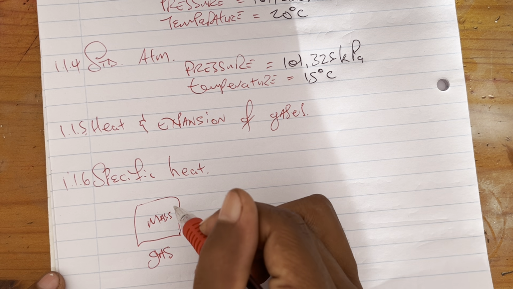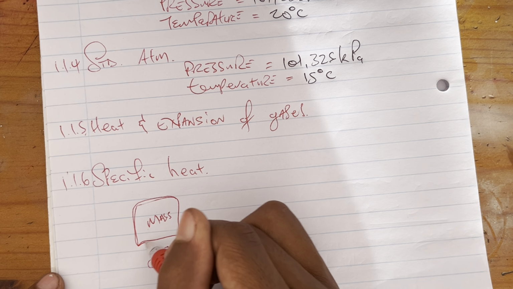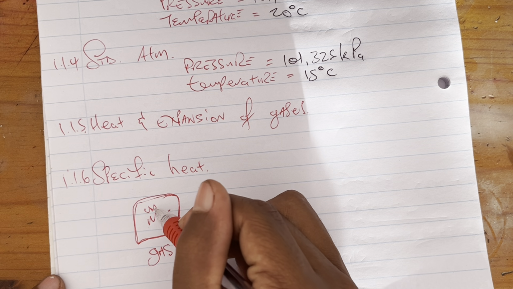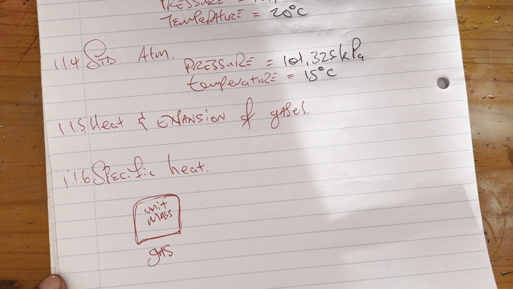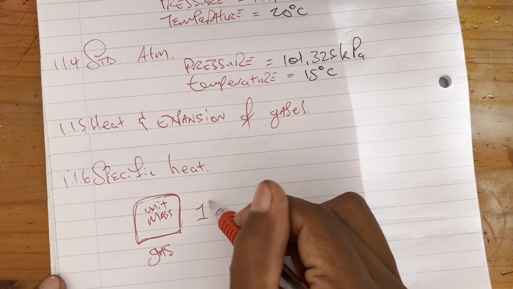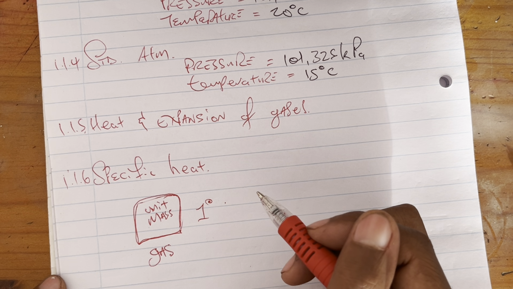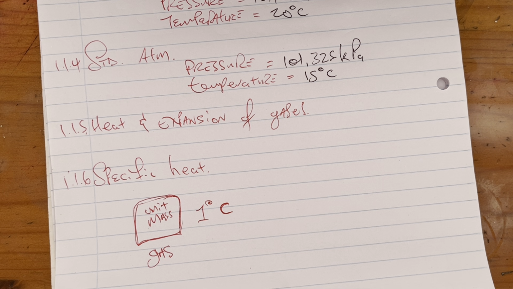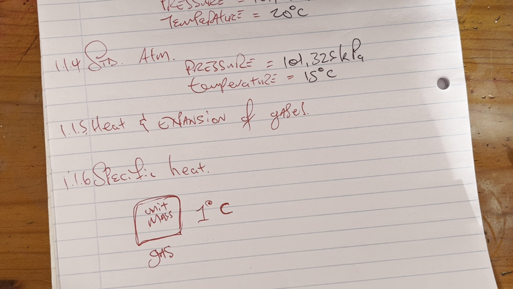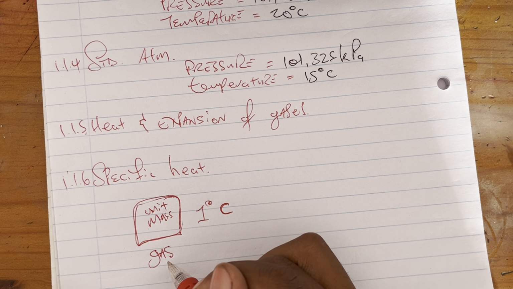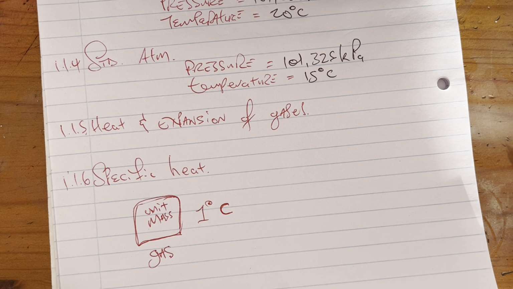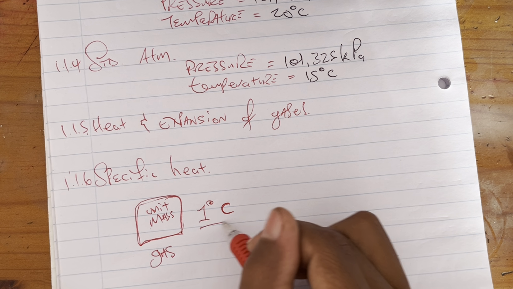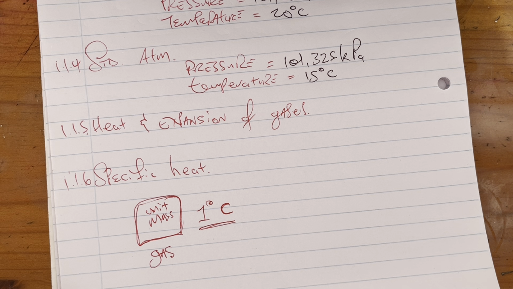If you want to increase the temperature of this unit mass of a gas by 1 degree, for now let's say Celsius, I don't want to commit myself to 1 degree Celsius, but if I say 1 degree Celsius, it will make sense to you.